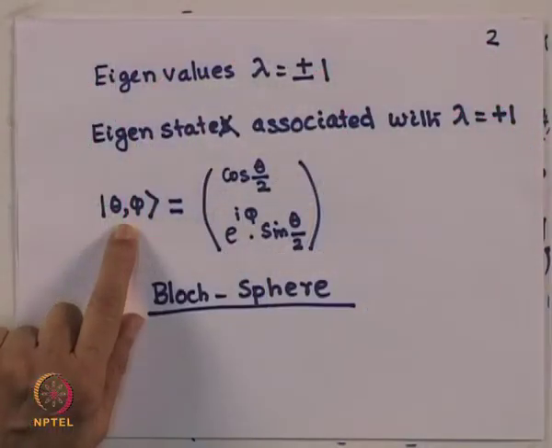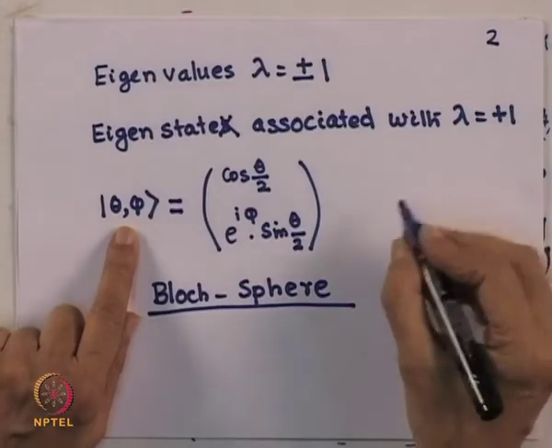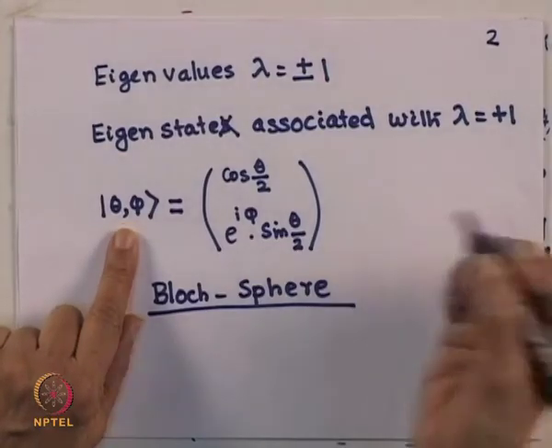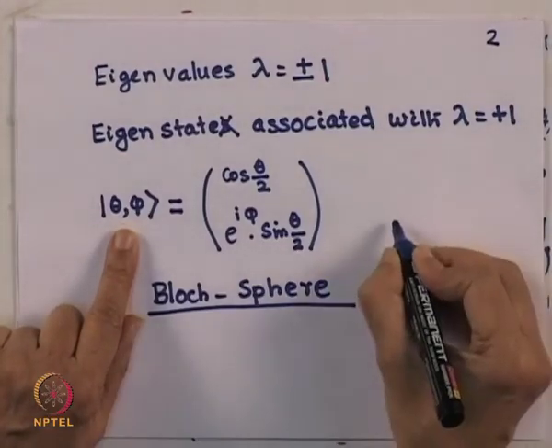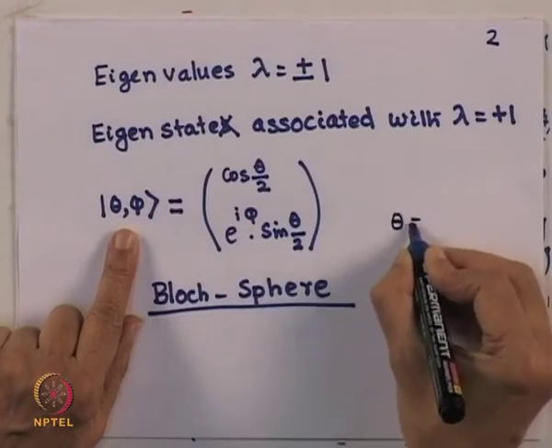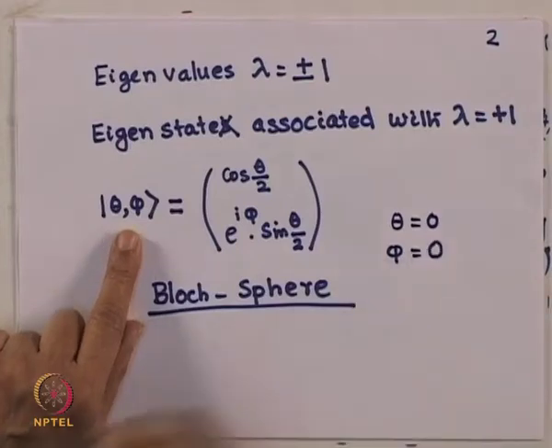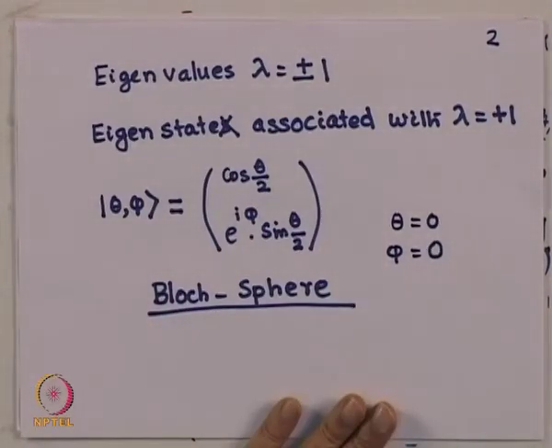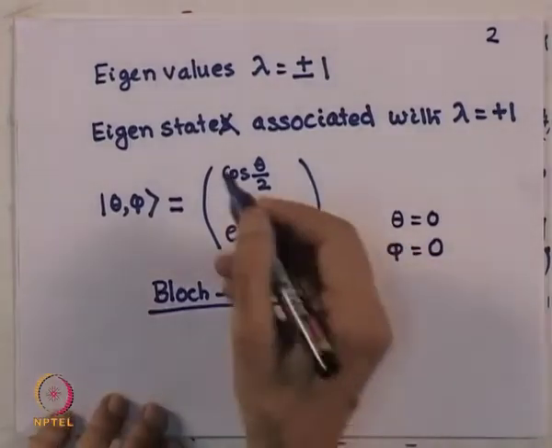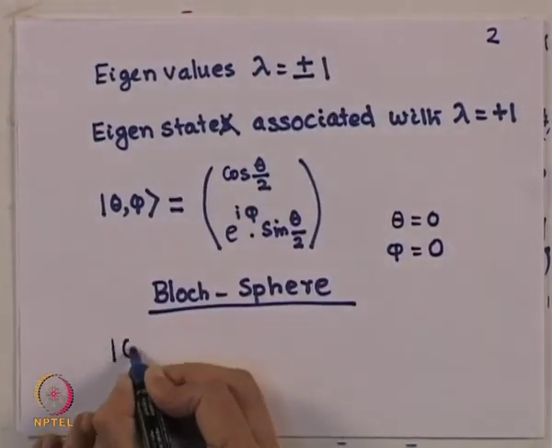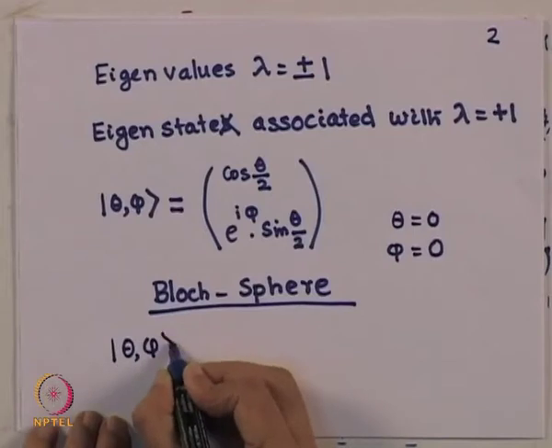Now, supposing I take a position, well, remember r is equal to 1. So, I take, let us say, theta equal to 0, phi equal to 0. Now, what is theta equal to 0, phi equal to 0? Okay, let me rewrite this state theta phi in a slightly different way.